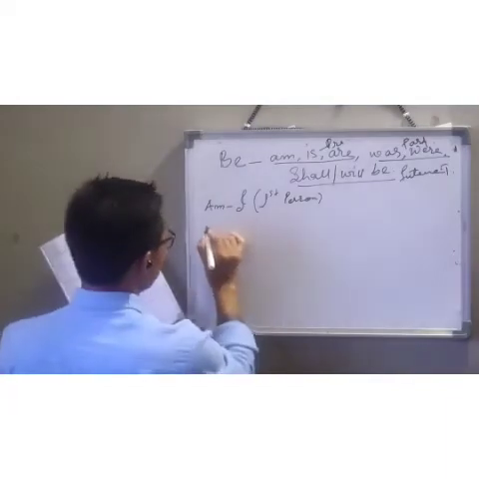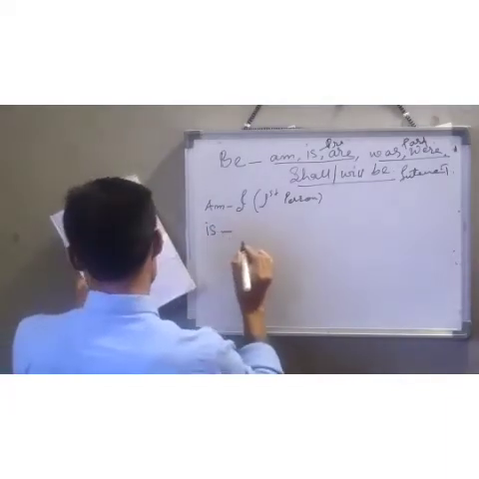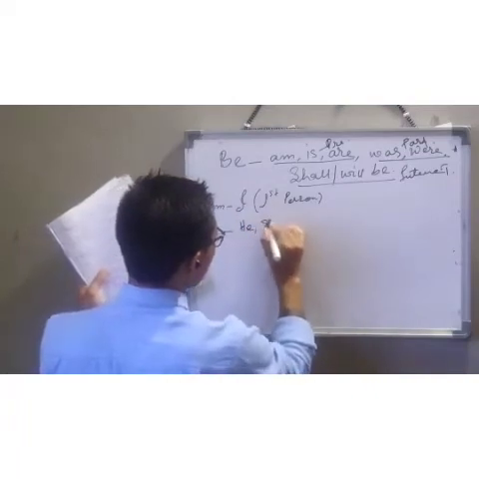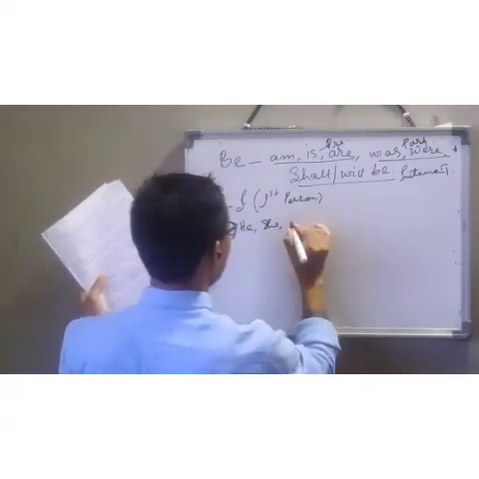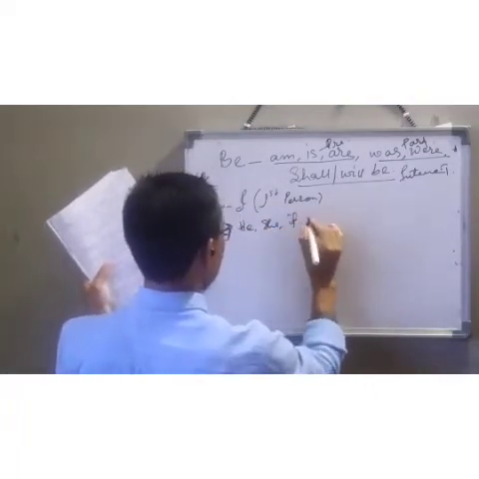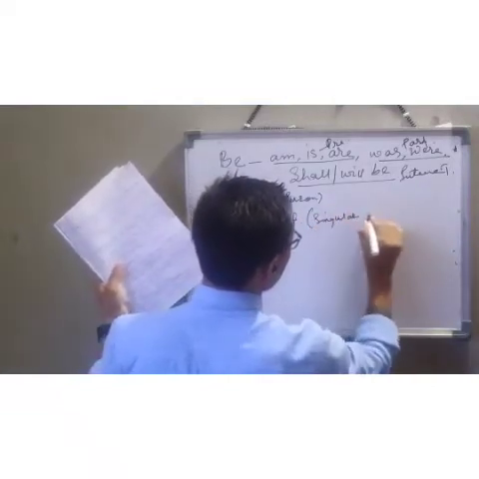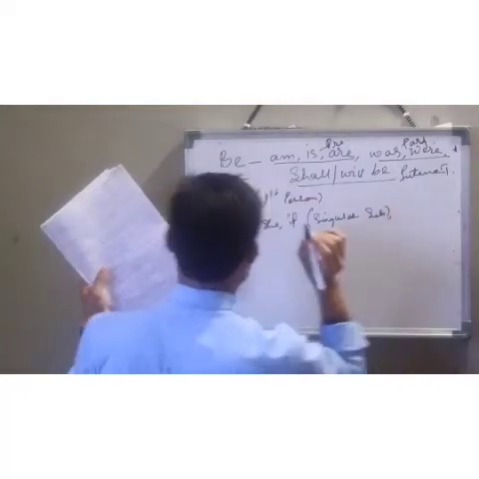Now, is in a sentence can be used with he is, she is, it is, with a singular subject.